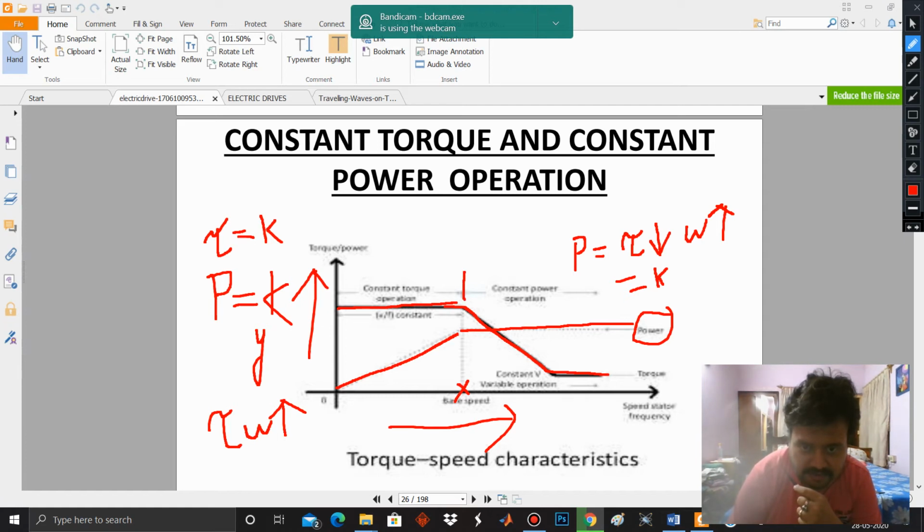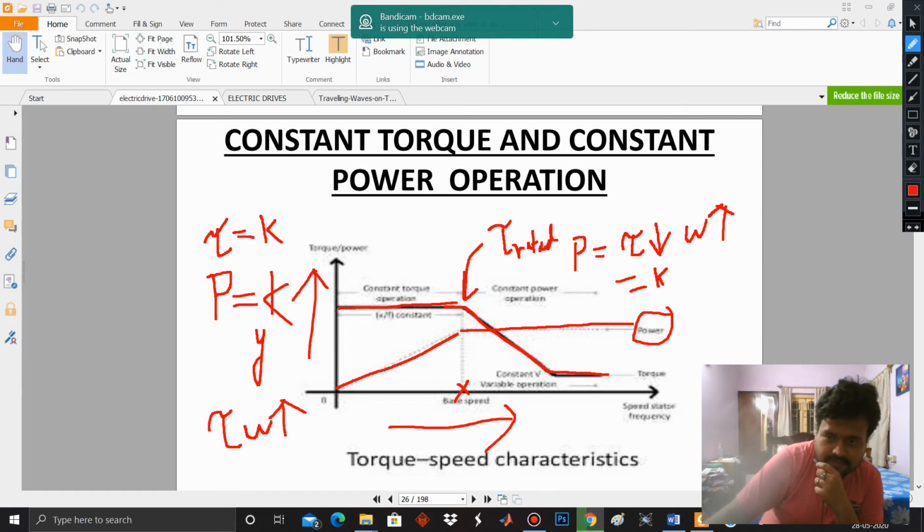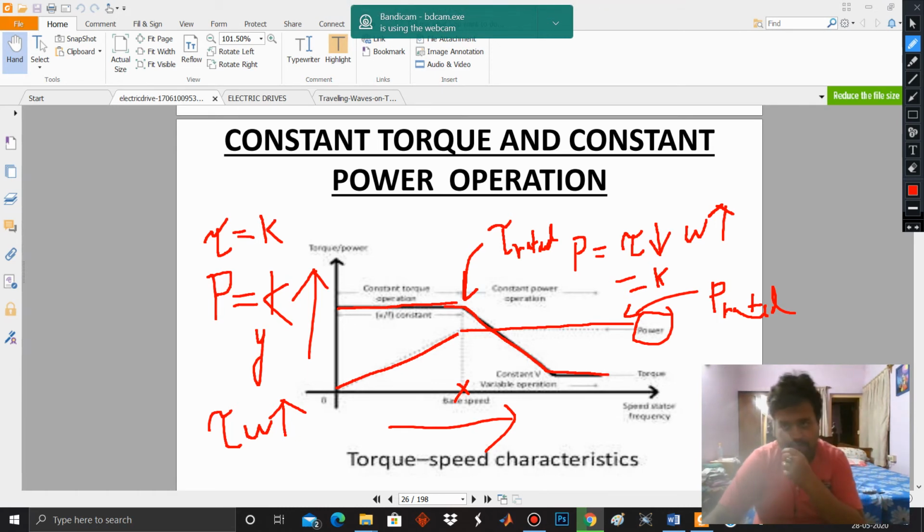So this point is the tau rated, this is the rated torque. And this is P rated. So there are two zones of operation. One is the constant torque zone and another is the constant power zone.